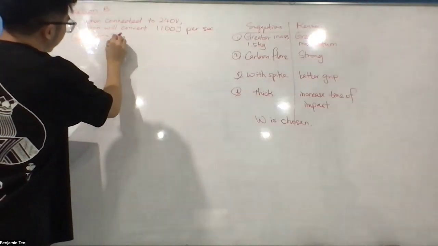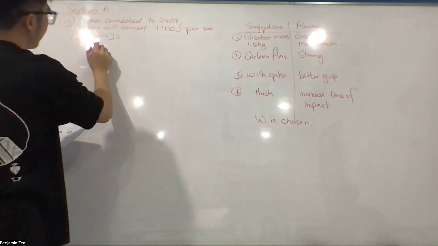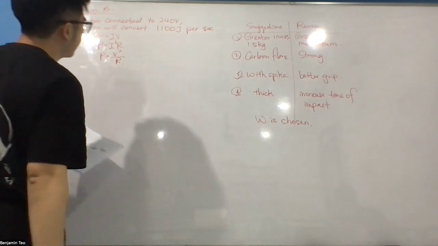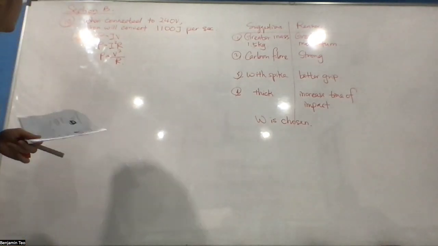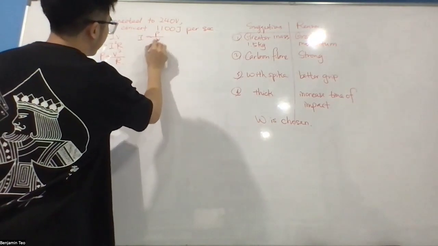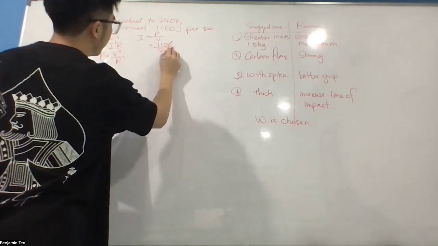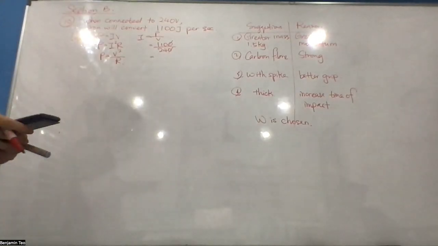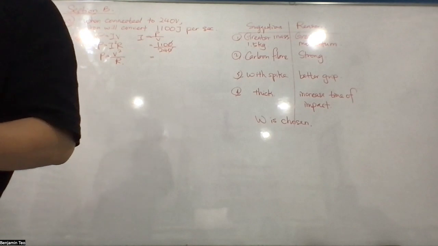P equals IV. You can directly use this. Okay, you have the formulas P equals IV, I squared R, V squared over R, three power equations. Depending on what is given, you choose the right one. I equals P over V, 1100 over 240, 4.5.